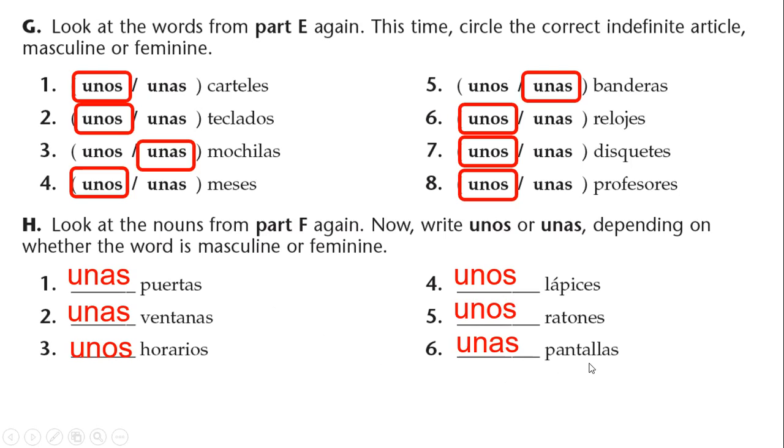So again, you have to match the masculine and feminine. So if it ends in A, so does your article, the un or una, or el or la. If it ends in O, Z, N, if it ends in any of the letters that tell us that it's masculine, then your article has to be masculine. Everything in Spanish has to match: masculine, feminine, and singular or plural.